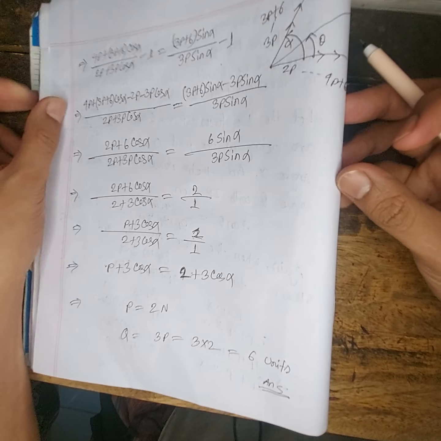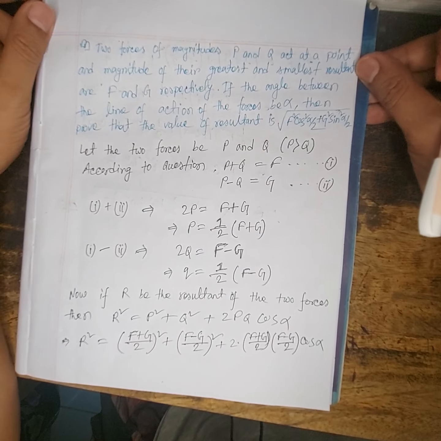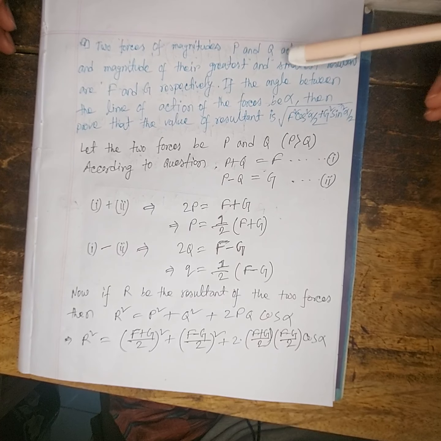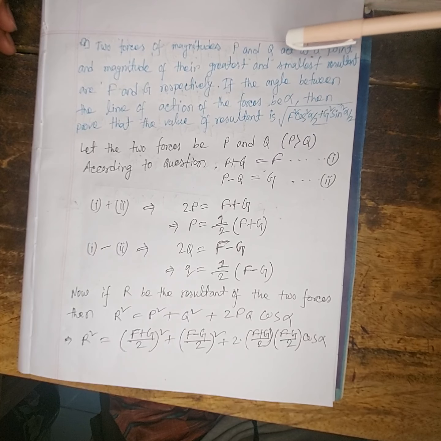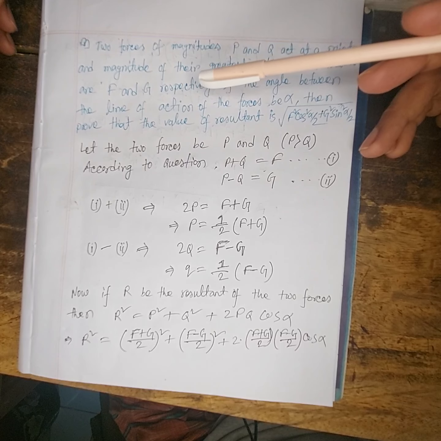Okay, now another problem. Two forces of magnitudes p and q act at a point, and the magnitudes of their greatest and smallest resultants are f and g respectively.